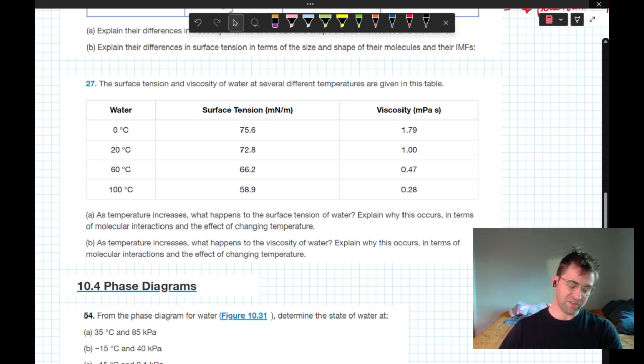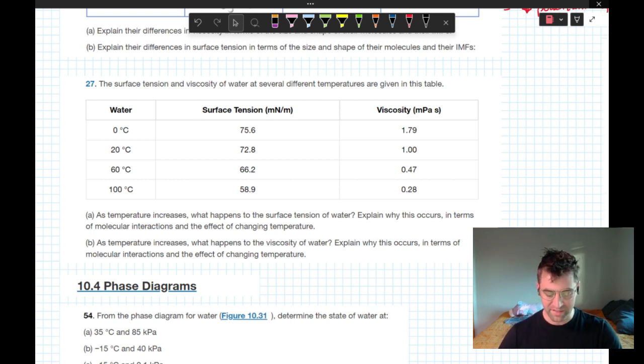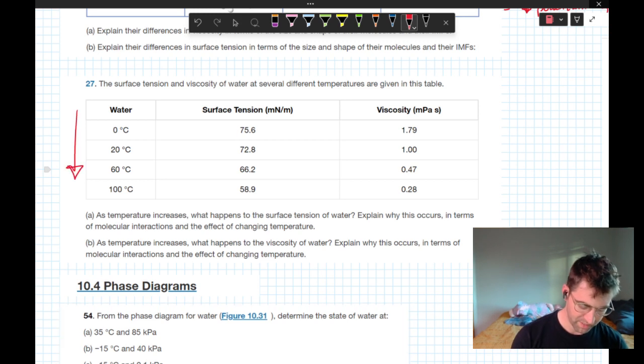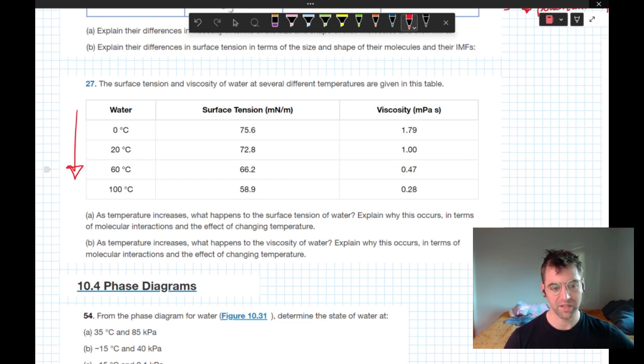So for 27, the surface tension and viscosity of water at several different temperatures are given in this table. As temperature increases, what happens to the surface tension of the water? Explain why this occurs in terms of molecular interactions and the effect of changing temperature. Just like we were talking about earlier, increasing the temperature increases the average kinetic energy of the substance.